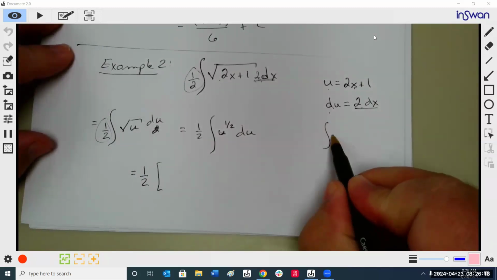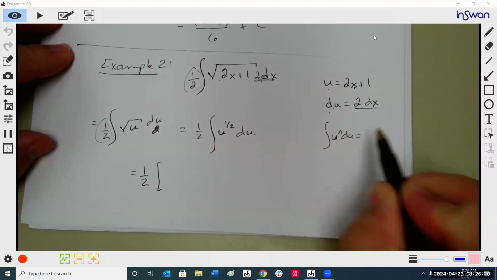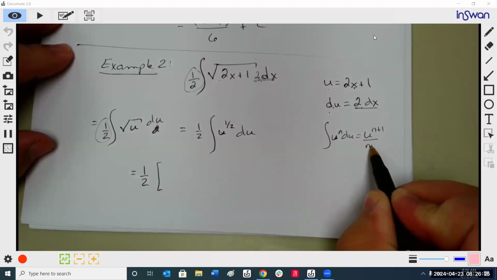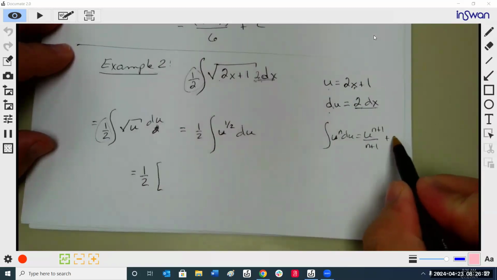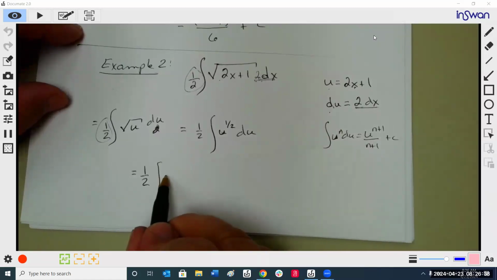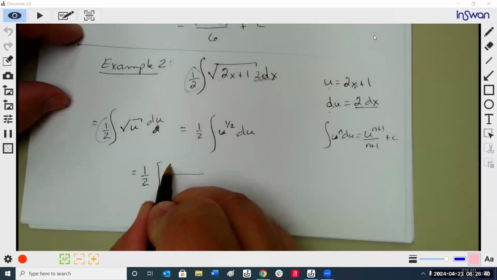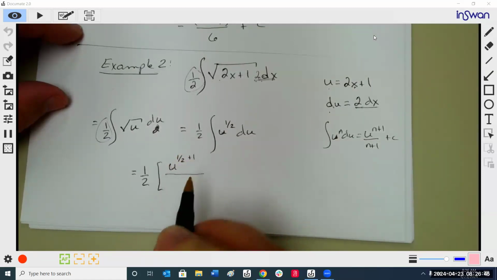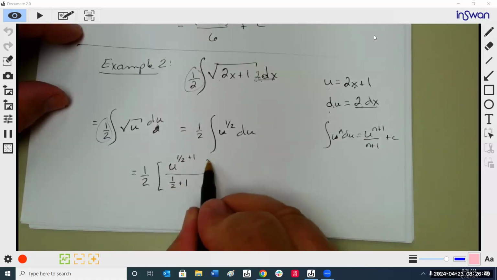Remember the formula, the integral of u to the n du is u to the n plus 1 over n plus 1. So we have u to the power 1/2 plus 1 divided by 1/2 plus 1.